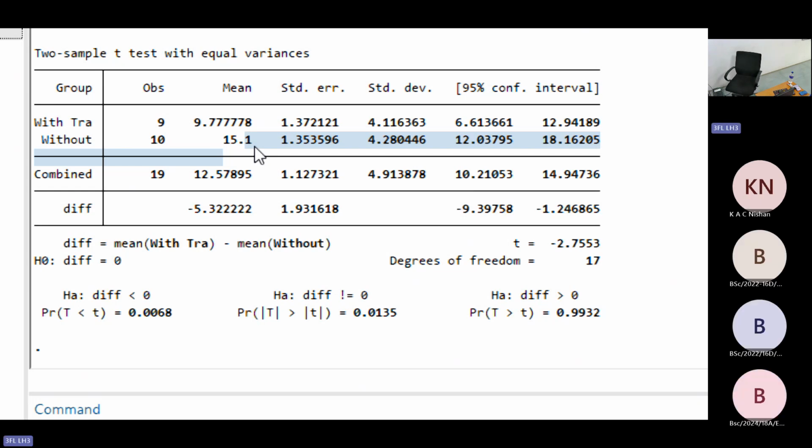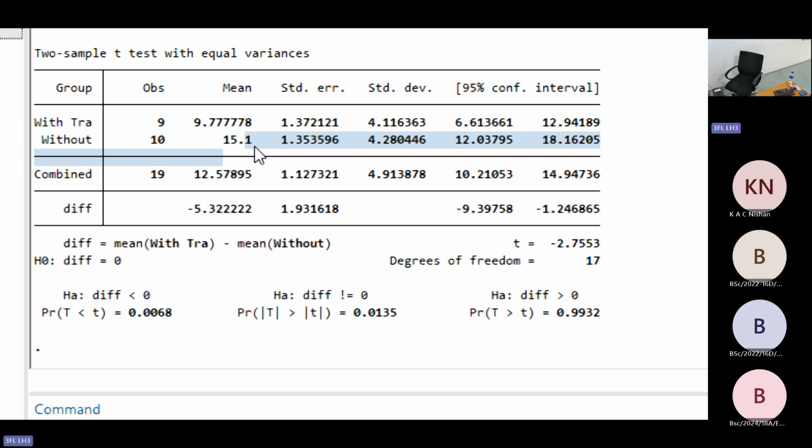Is there a difference? Yes, there's a difference. But the problem is, is it significant? We don't know.